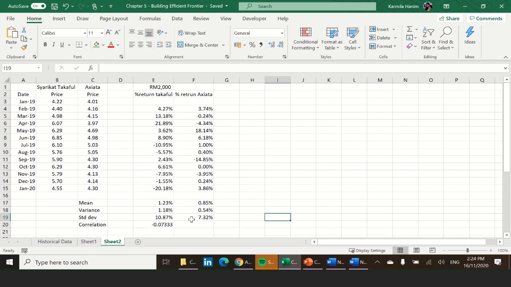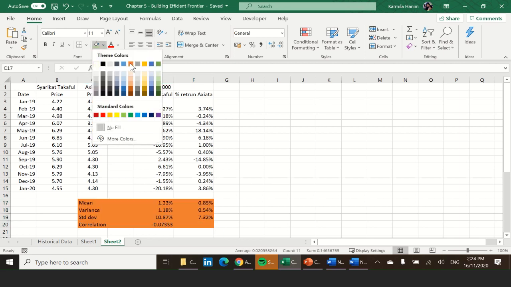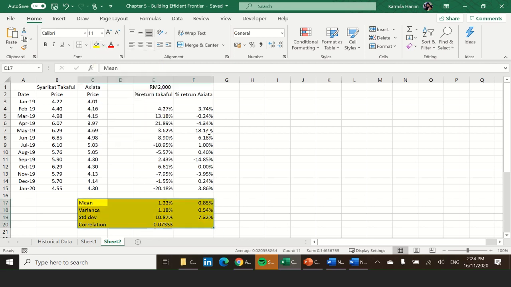Okay, now from this output here, you can now select either one of the stock that you prefer to invest based on the risk and return characteristic. Okay, where you can see here the mean return for Takaful is 1.23% with the standard deviation of 10.87%.